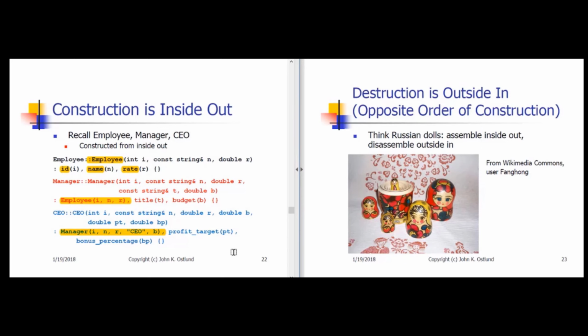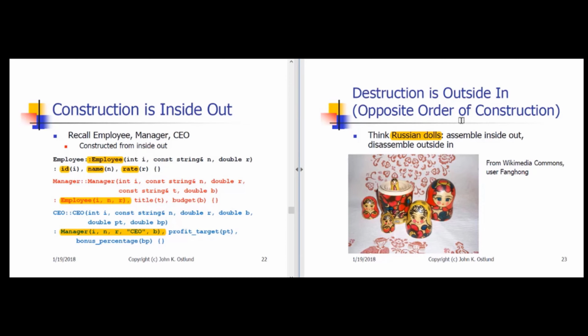Okay, so when we invoke the CEO constructor, that first builds the inner employee part, and then completes building the inner manager part, and then completes building the CEO part. So you want to think of this as being sort of like Russian dolls here.